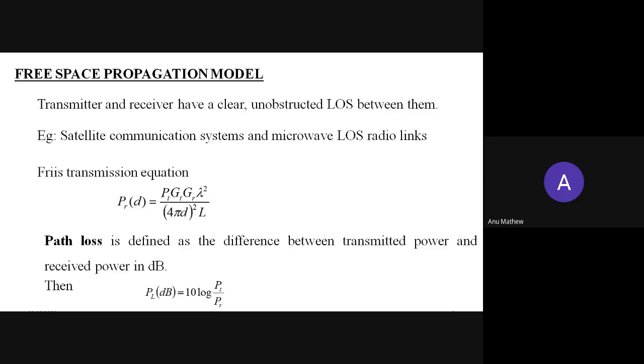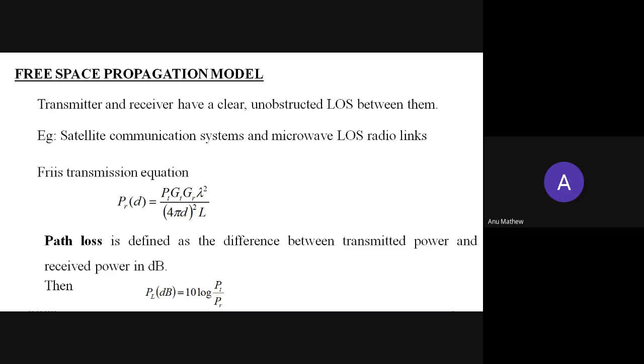Next is path loss. The path loss is defined as the difference between the transmitted power and the received power in dB. It is given by PL in dB equal to 10 log Pt minus 10 log Pr, that is equal to 10 log Pt divided by Pr.